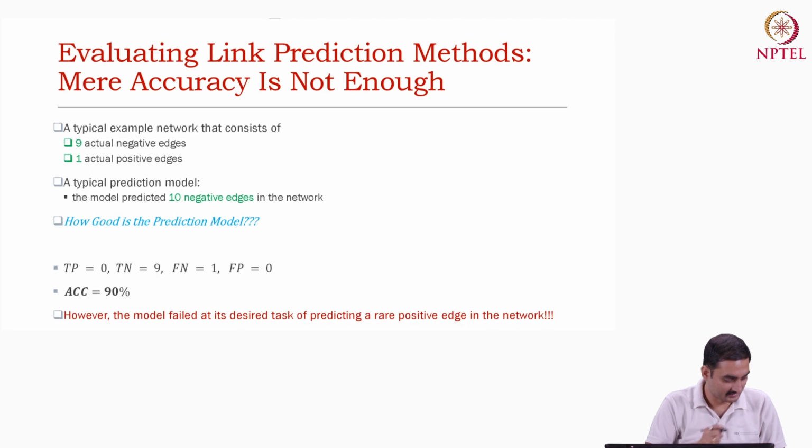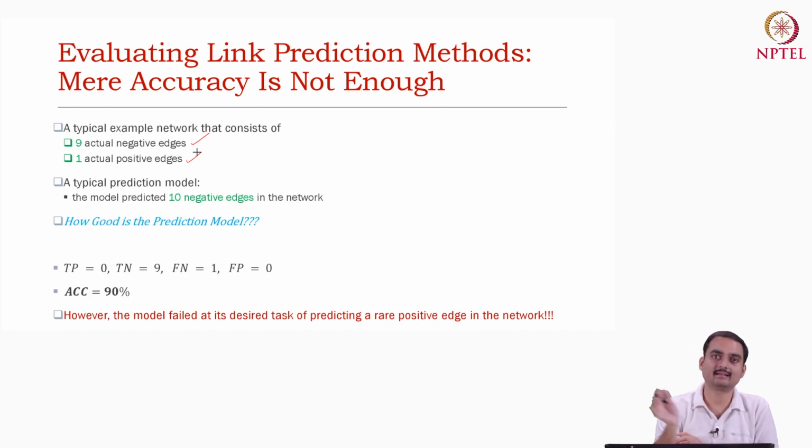Now let us try to understand why accuracy is not a good measure. So, what is accuracy? Accuracy says true positive plus true negative by all, right. Now, let us think of an imbalanced classification problem, because link prediction is ultimately an imbalanced classification problem, right. So, you have 9 actual negative edges and 1 actual positive edge in the ground truth.